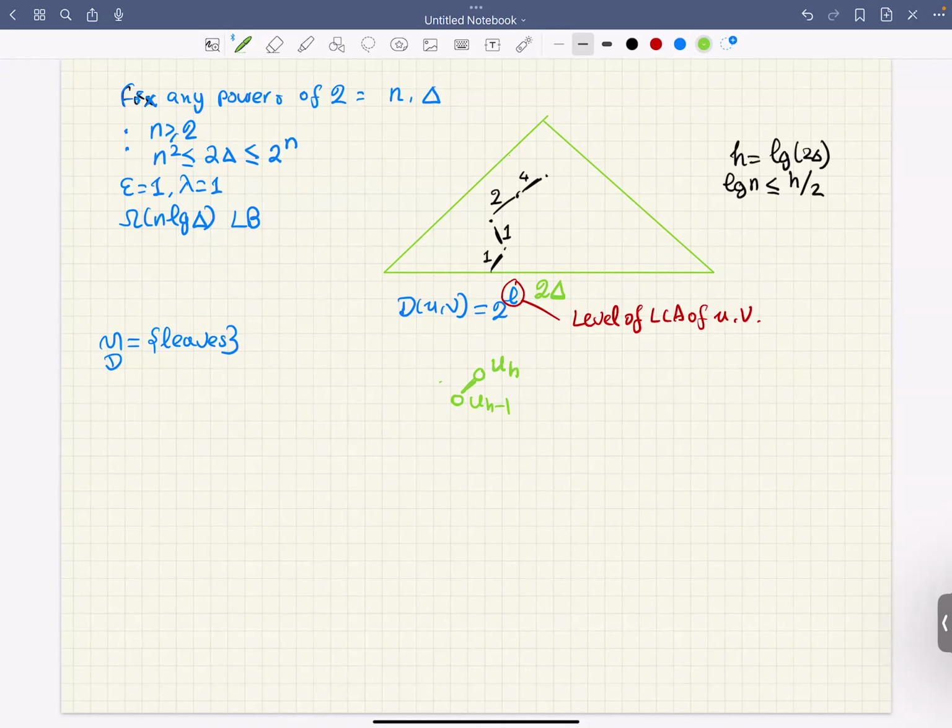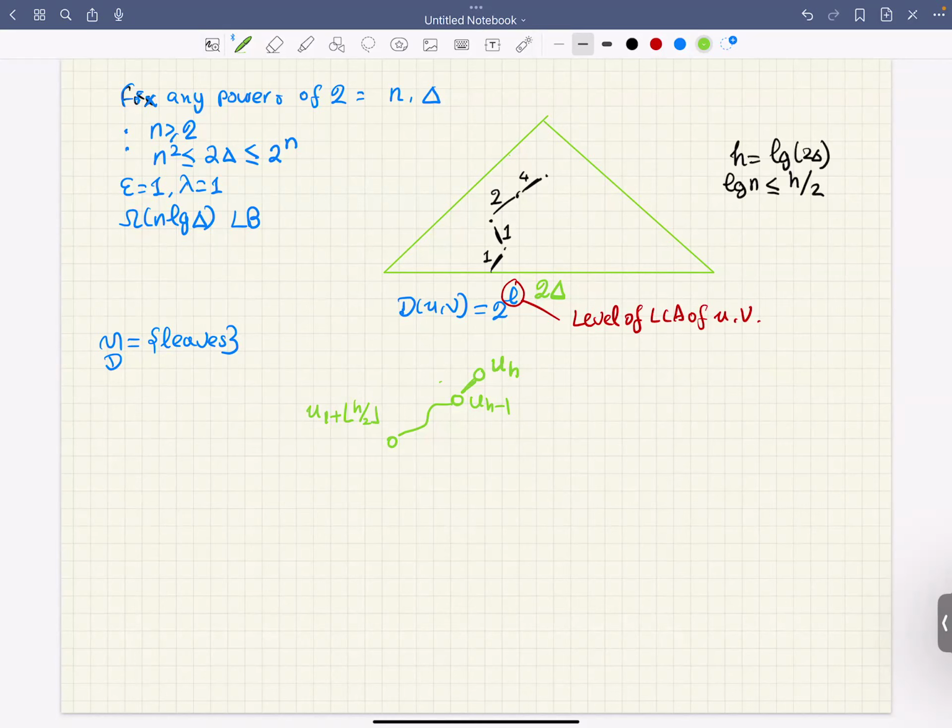If you go all the way down, I have every node at each level. By the way, this is the leftmost path. I'm using this curvy line here because I don't want you to think that there are only 3 levels; there are many levels there. I stop at 1 plus H over 2. To be rigorous, I have to put the floor because H could be an odd number and all that.